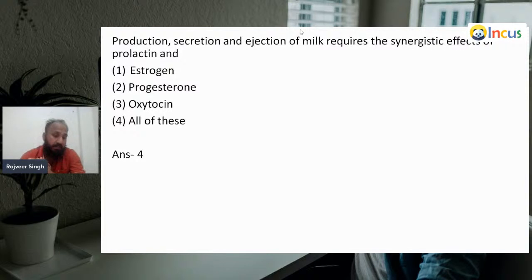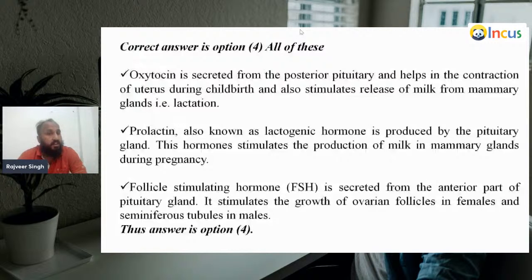Next one, production, secretion and ejection of milk require the synergistic effect of prolactin and what? Estrogen, progesterone, oxytocin, or all of these? Yes, of course, the answer will be all of these. But why have we chosen all the options? Because oxytocin is secreted from the posterior pituitary and helps in the contraction of the uterus during childbirth and also stimulates the release of milk from the mammary glands. It means lactation.